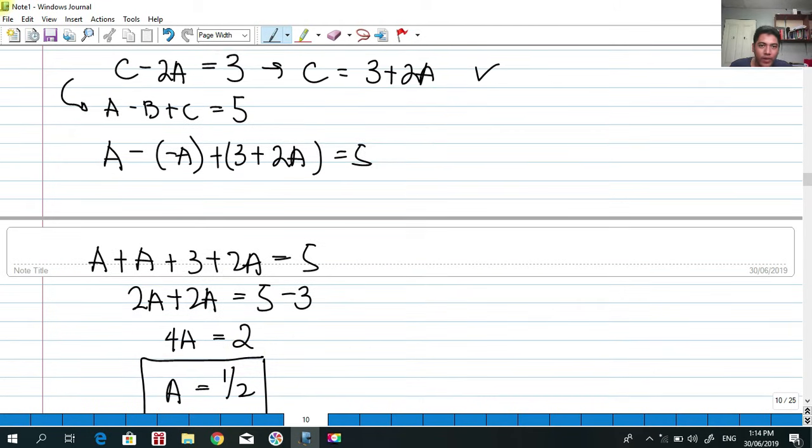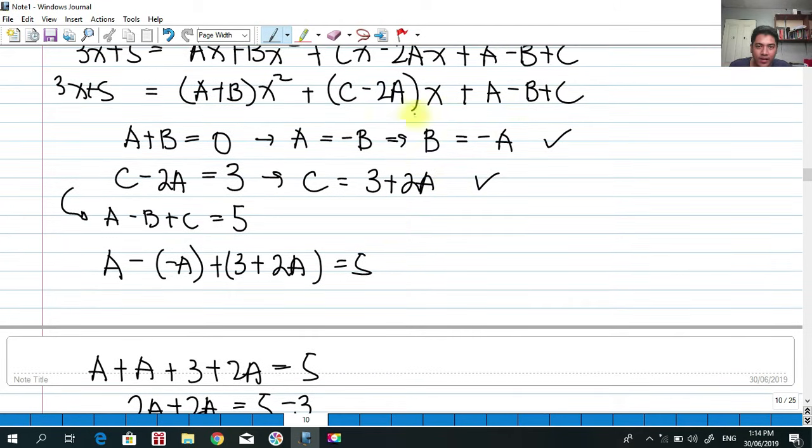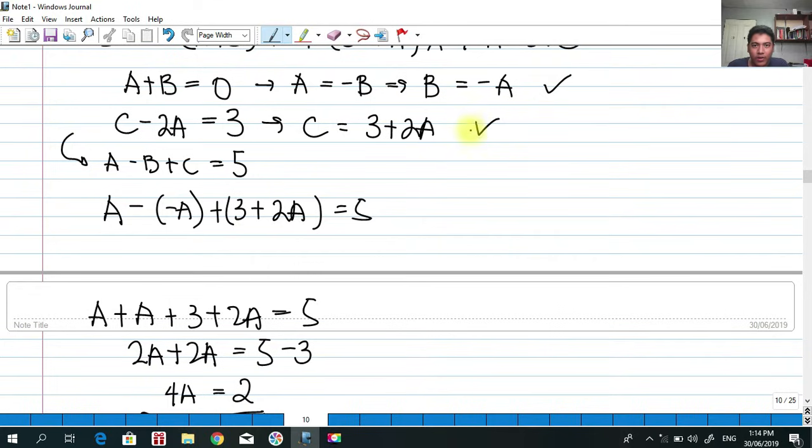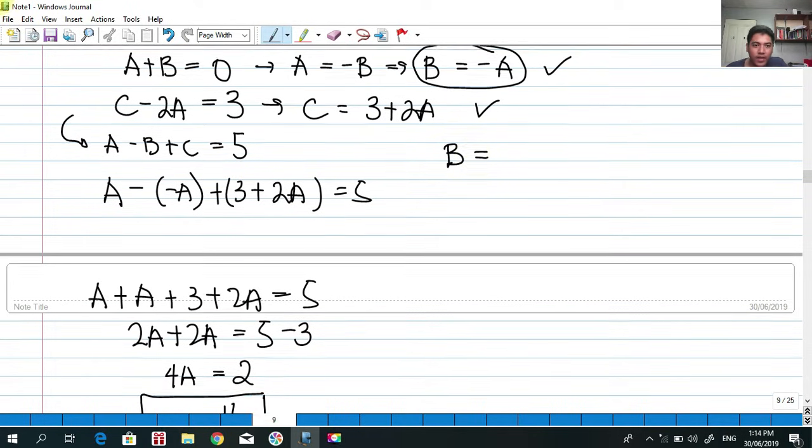And going back to our equation, we can get b here. According to the equation we derived from the first equation, b is simply equal to the negative of a. So the negative of a is simply negative 1/2. So that is our b. And how about for c?